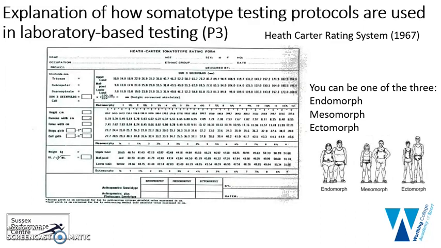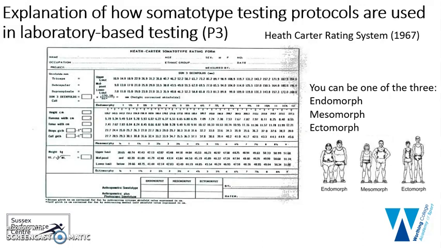For somatotype, there is the Heath-Carter rating system. There are 3 different body types. There is the endomorph, which is donut-shaped. It has a wide waist, large bone structure, and is generally referred to as round.